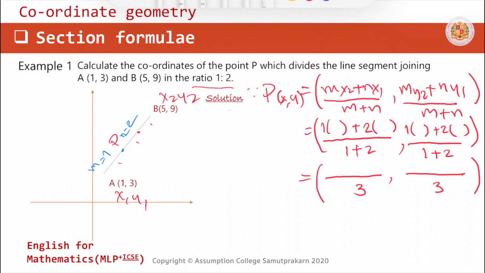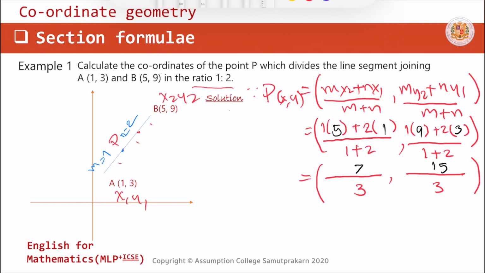So x2 now is equal to 5, plus n x1, which is 1, m y2, which is 9, y1, which is 3, and now it has become 7 on top of 3, and then that will be 15 divided by 3.